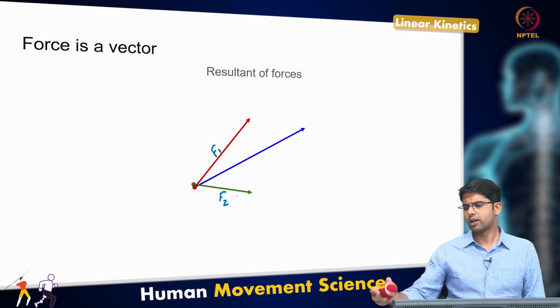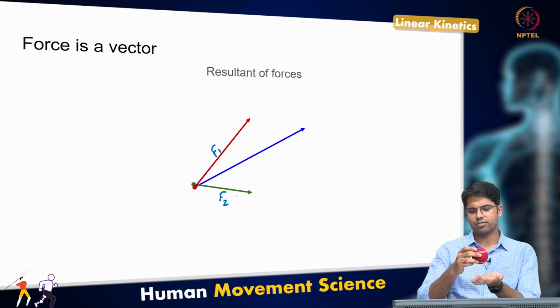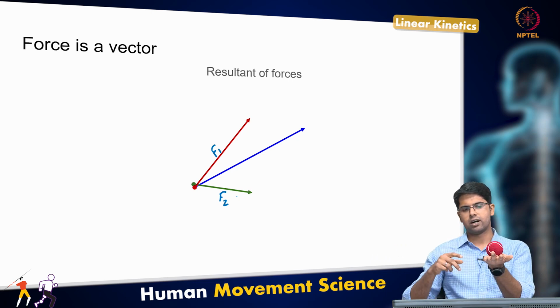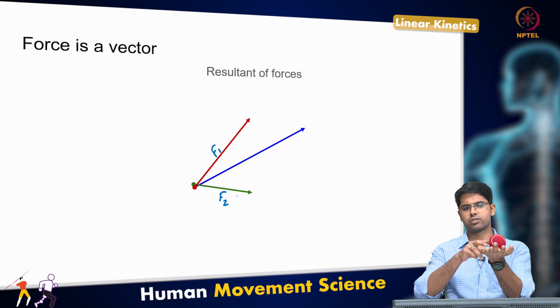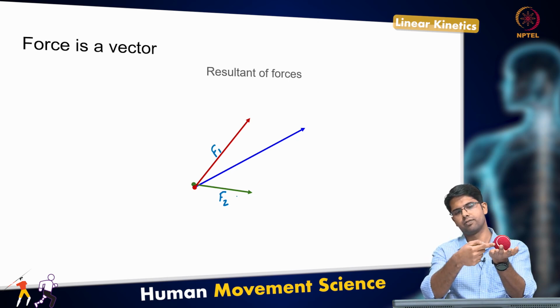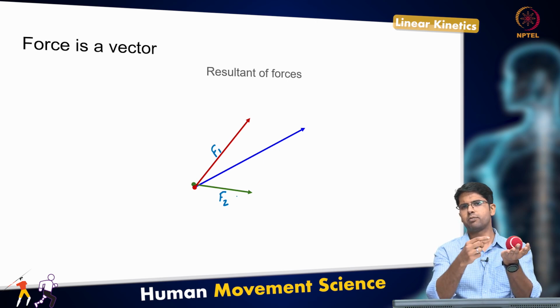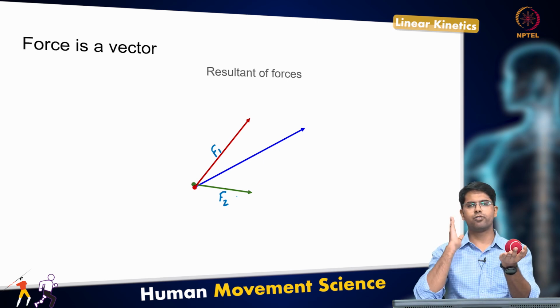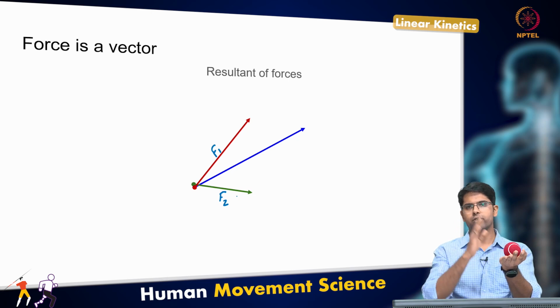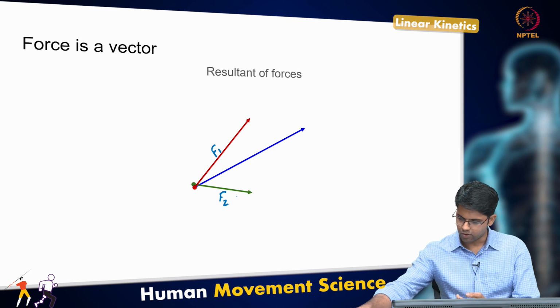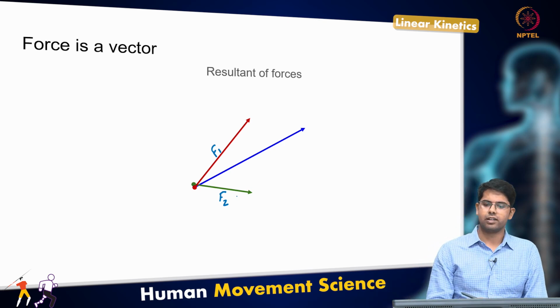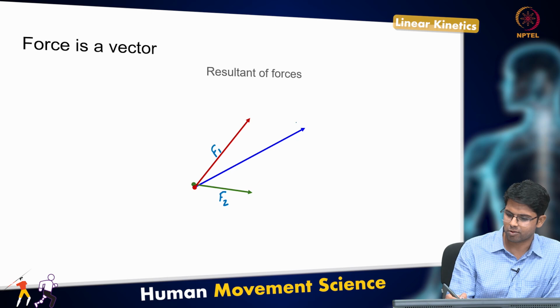This can be a very realistic scenario where I am trying to push this ball, and there's another person trying to push it in another direction, and we'll see who wins. So there is some net force acting. It won't move in the direction I want, or in the direction the other person wants. It'll move in some other direction, decided by the net force acting on the body.